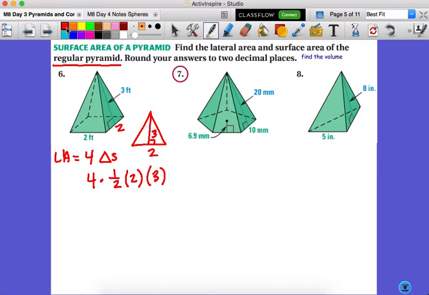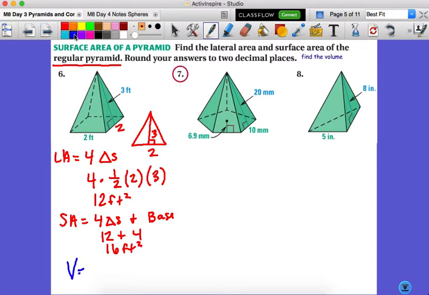And I should end up with 12 square feet for the lateral area. For surface area, we're going to take those 4 triangles plus the base. So we're going to take 12 plus the area of the base, that's a 2 by 2, so that's 4, so that's 16 square feet for surface area.